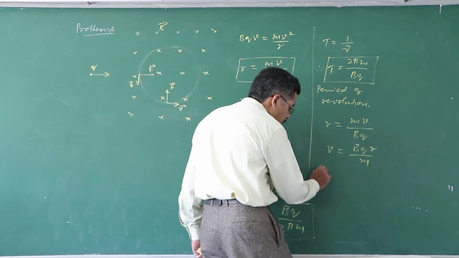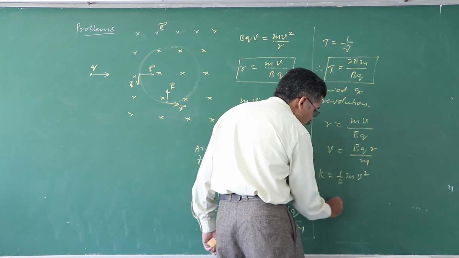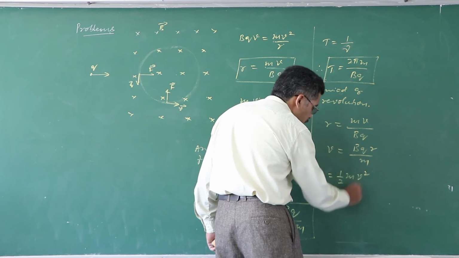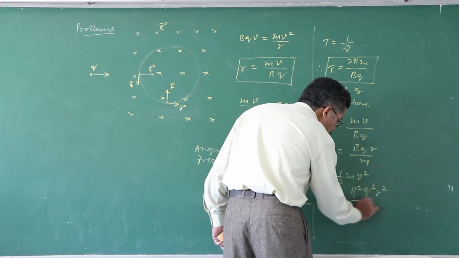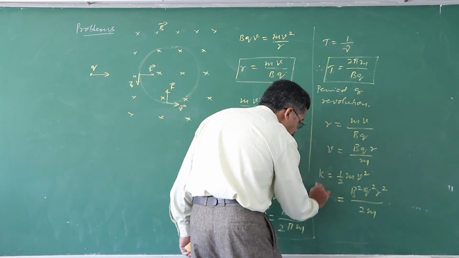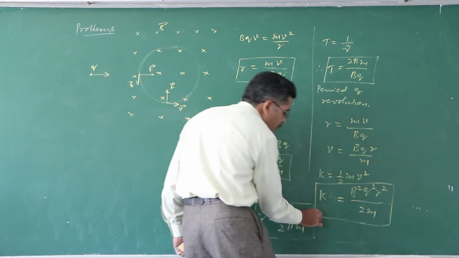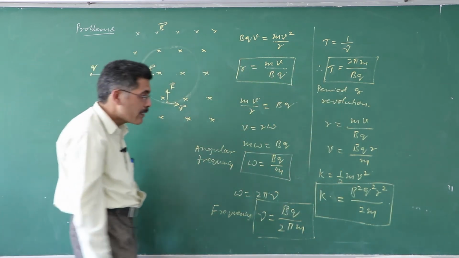You know that kinetic energy is equal to half mv square. What are you going to get? This comes out to be B square q square r square divided by 2m. This is the kinetic energy associated with the charged particle. We can calculate kinetic energy.